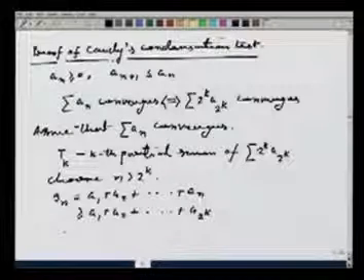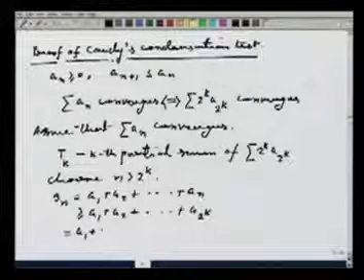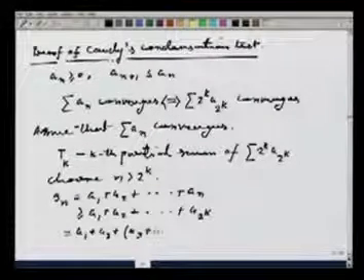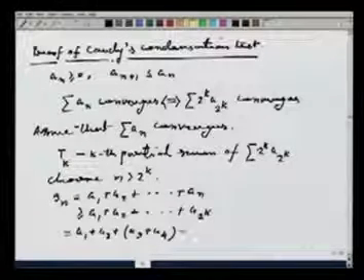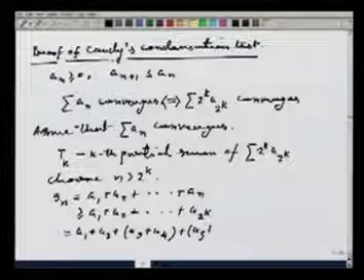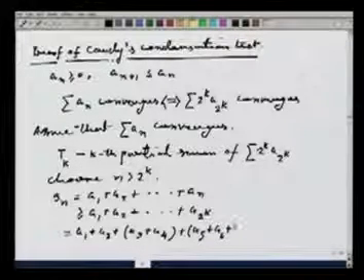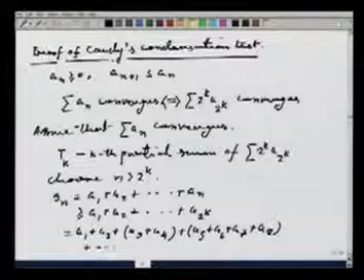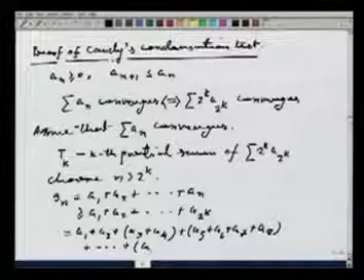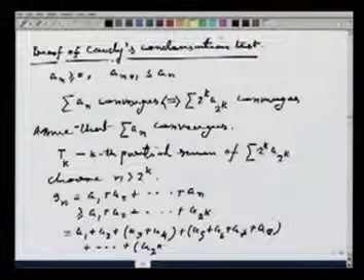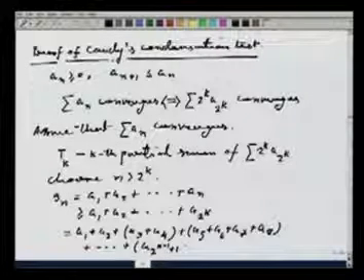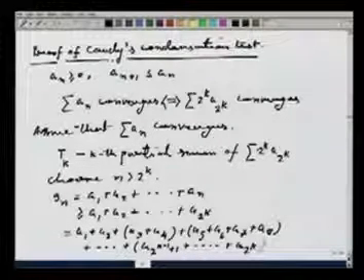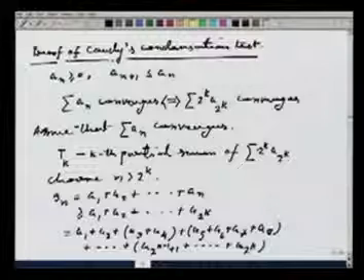Now, this I write in the following form: a1 plus a2 plus I club a3 and a4, then I club a5 up to a8, I go on like this. Then the last clubbing is a 2 to the power k minus 1 plus 1 up to a 2 to the power k. I can certainly count how many terms are there in each club.